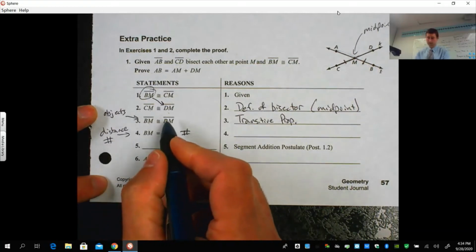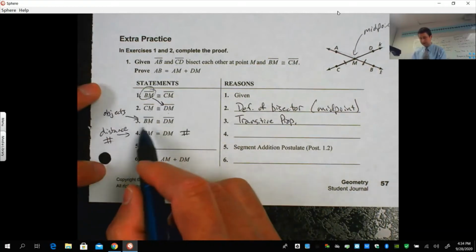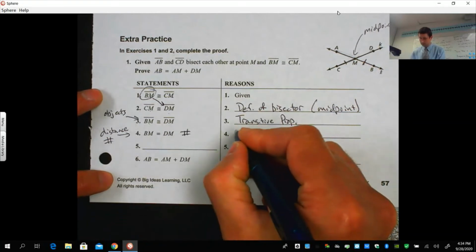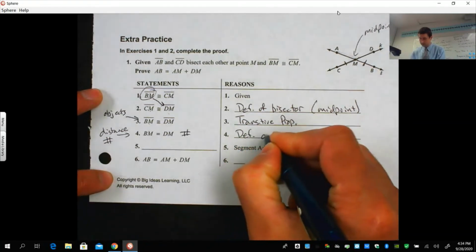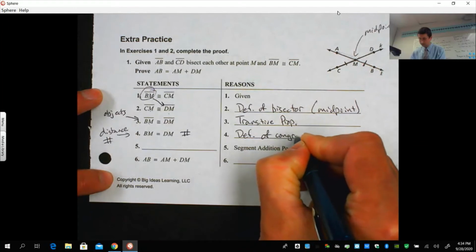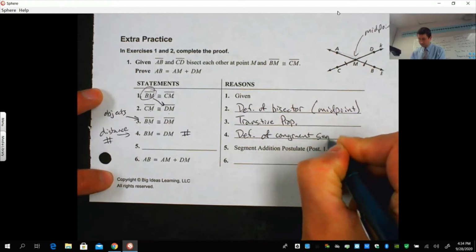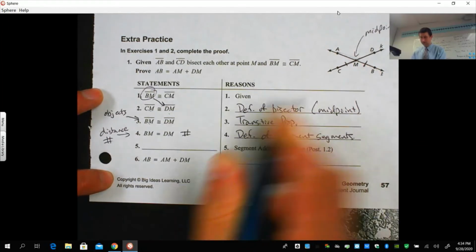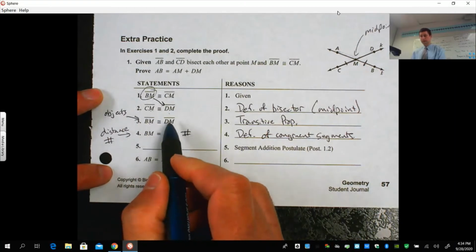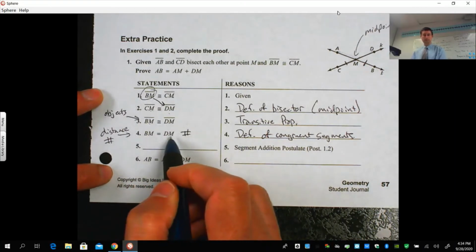Objects are congruent. Notice it's exactly the same. This is the definition of congruent segments, because if two things are congruent, then their lengths are equal.